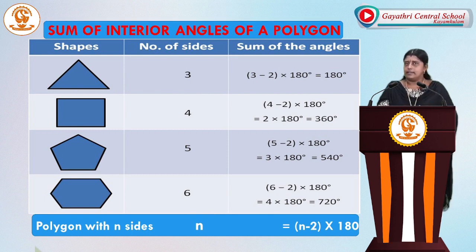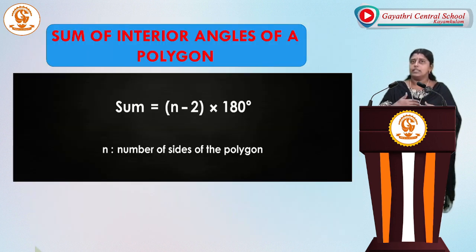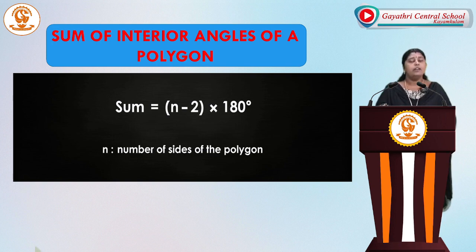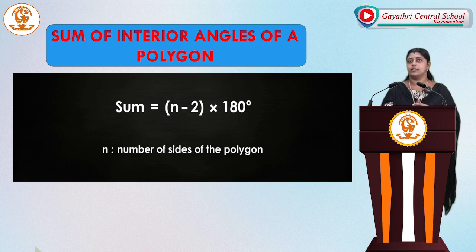So we can generalize this formula. Polygons with n sides. Here, the sum of interior angles of a polygon with n sides. What will be the sum, Maheshwar Raj? Tell me. The sum of interior angles of a polygon with n sides. Can you tell the question once more?